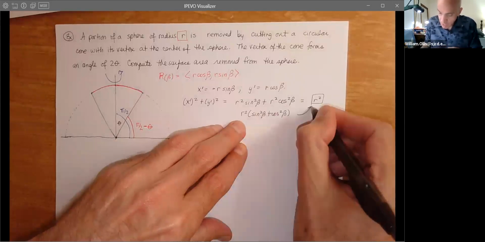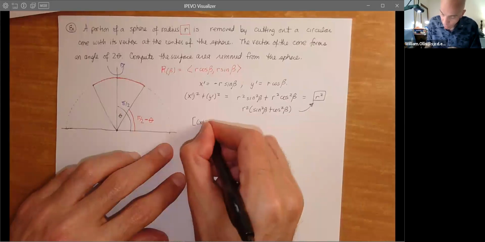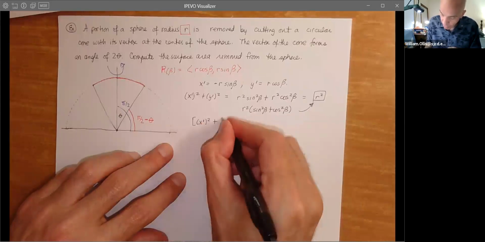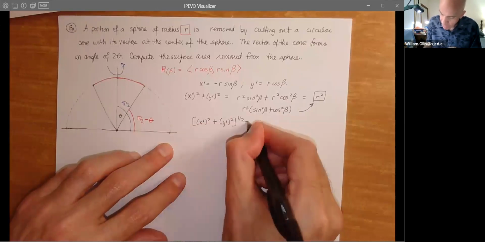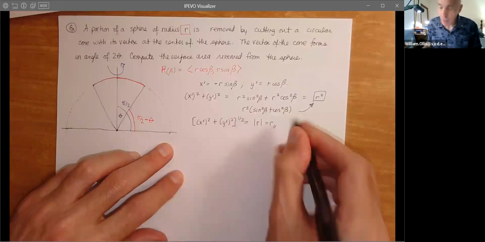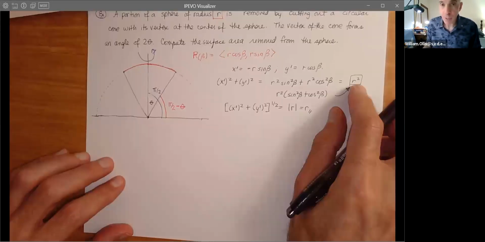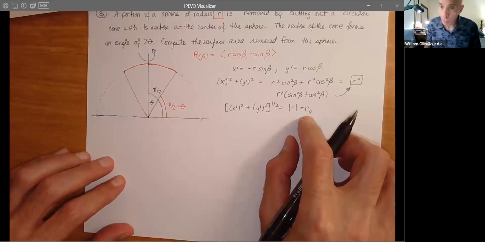That gives us this. So now when we take the square root, we'll just do all the work on the little sidebar here. That'll give us the absolute value of r, which is just r. Square root of r squared is the absolute value of r, which by hypothesis is positive. So boom, right there.